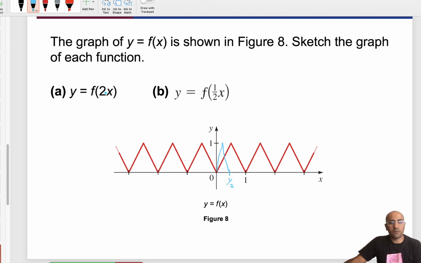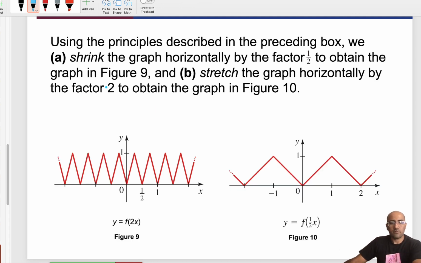It's going to complete it twice as fast because there's a 2 there. Then it'll do another triangle in the same span of time. So in the same span of time that normally did one triangle, now it's going to do 2 triangles. That's what that one is going to look like. It looks like the same picture, except they just changed this thing here. So you'll just be able to do more of them.